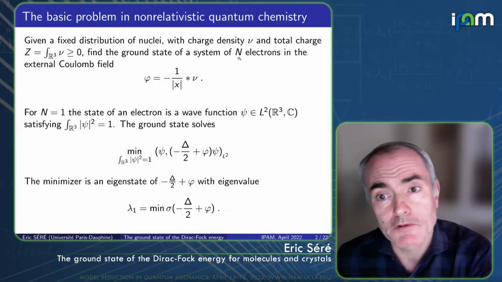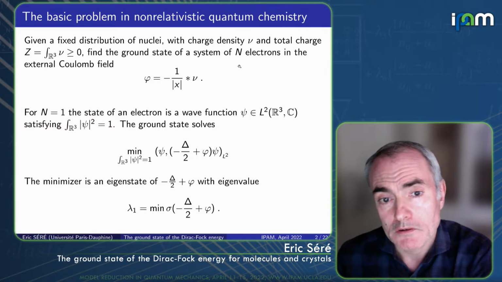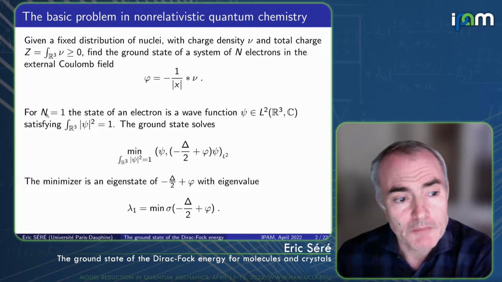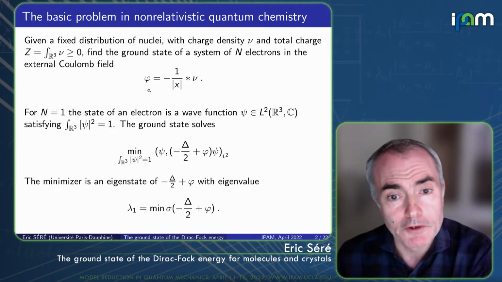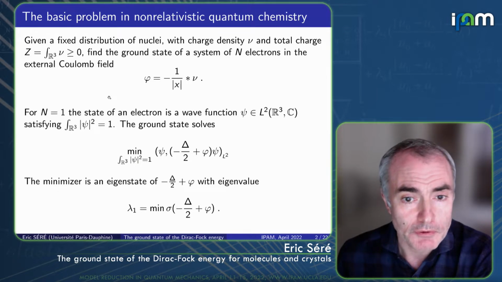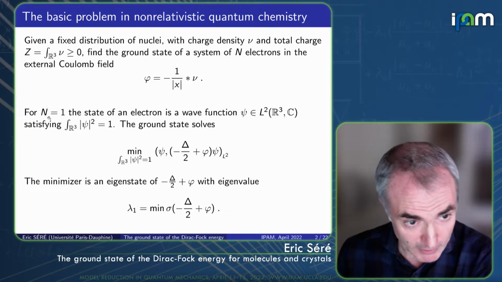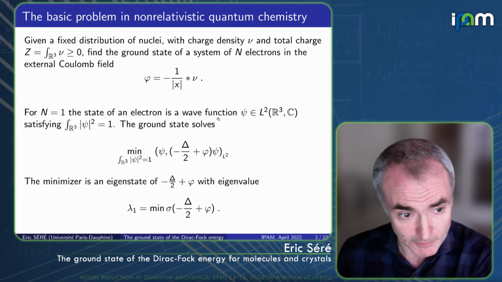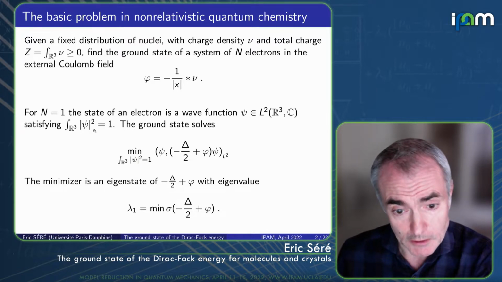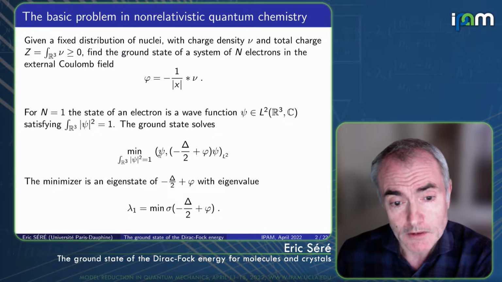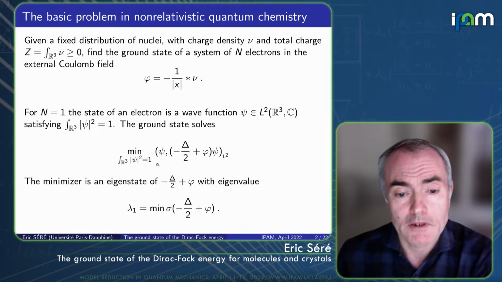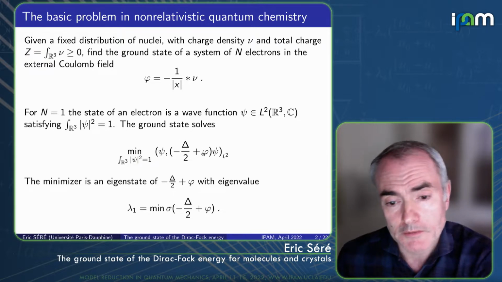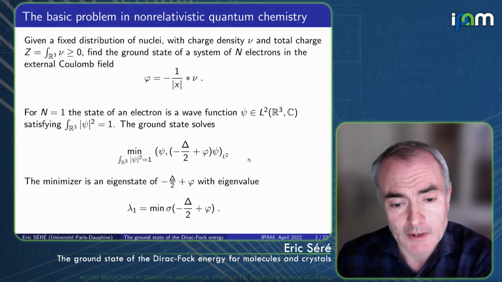Capital N will be the number of electrons that live in the vicinity of these nuclei. So in the special case, for the moment I am non-relativistic, so I'm looking at the Schrödinger equation. And for just one electron, as you know, the ground state is a wave function normalized in L2, which minimizes the Schrödinger energy, the integral of psi multiplied by the Schrödinger operator applied to psi.